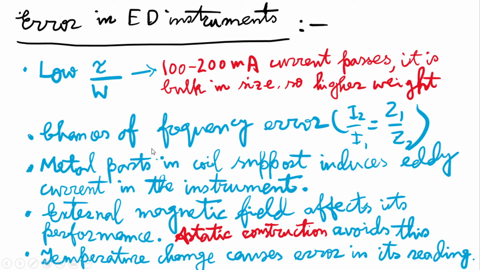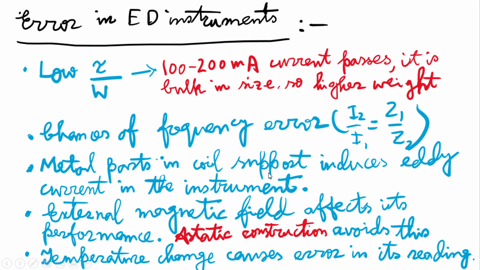Okay. Then there are chances of frequency error. I have already discussed that in electrodynamometer type instruments, the L by R ratio should be made as nearly equal as possible, but that is not always achievable. That's why some frequency error takes place.